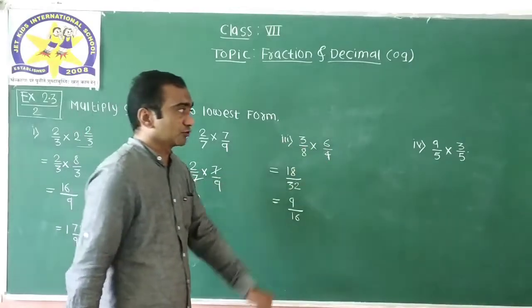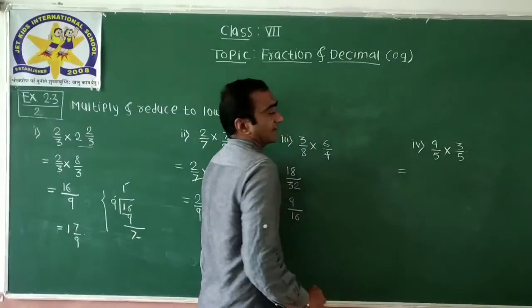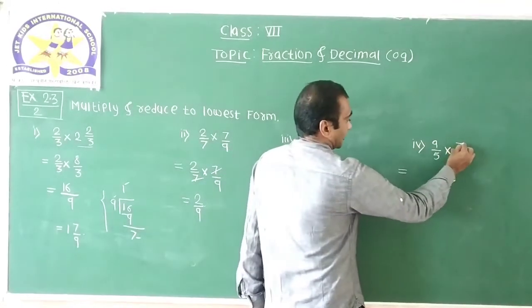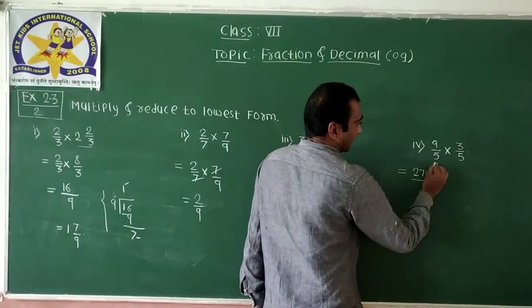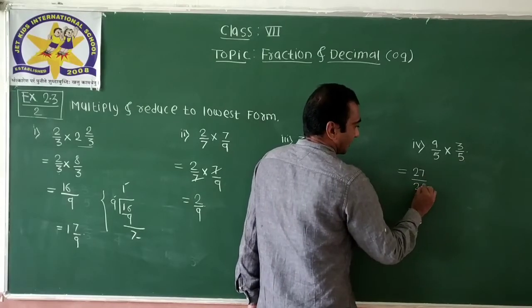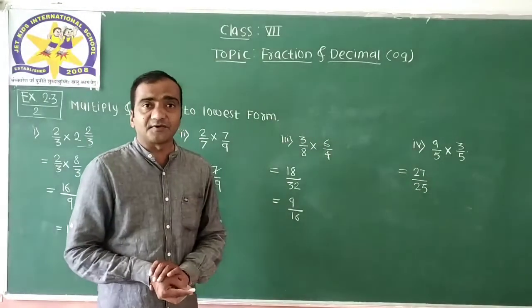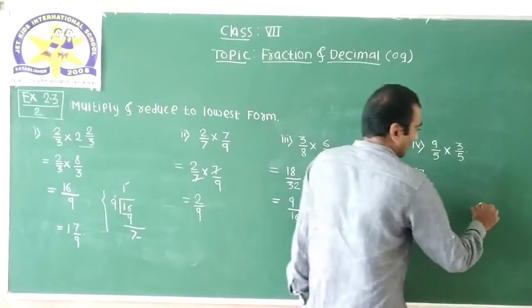After that, fourth question. Fourth question, make a multiplication in numerator first of all. 9 into 3, 27, divided by 5 into 5, 25. Now we can convert 27 by 25 into a mixed fraction form. So make a division here.